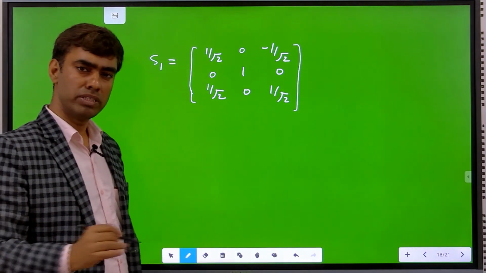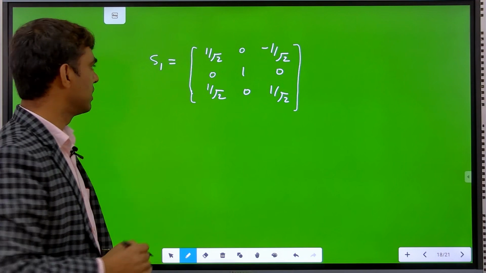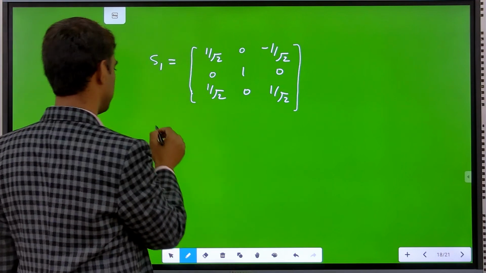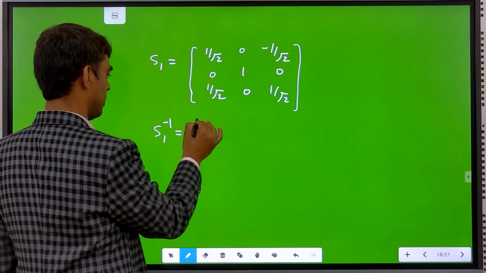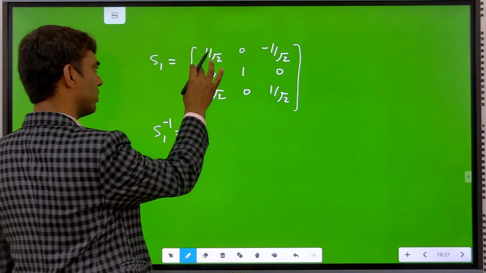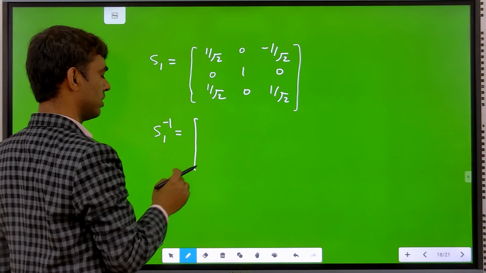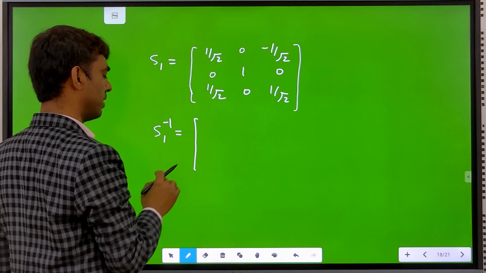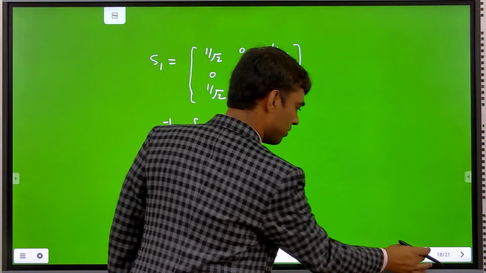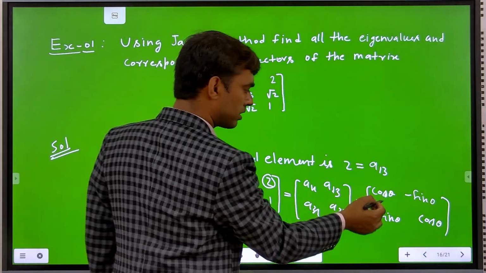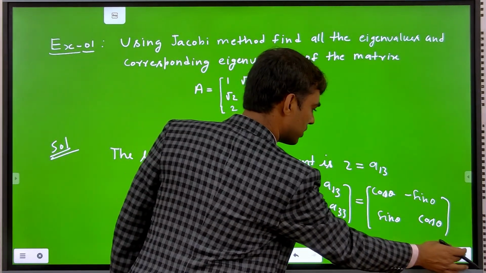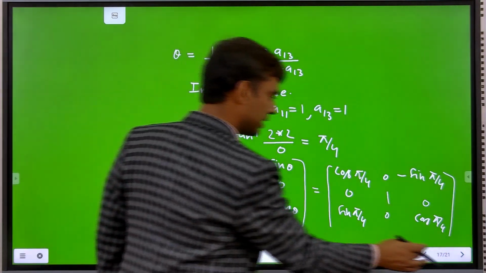In order to find a similar matrix, we need the value of S inverse. As we know, there is no need to calculate S inverse; you may directly write it, because we know the inverse of this matrix.